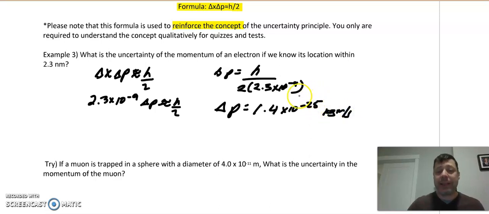Again, this is just kind of a formula, because we know the position to about 2.3 nanometers, which means that we can know the momentum within 1.4 times 10 to the negative 25. The more exact this gets, the smaller this gets, the larger this number is going to get. The larger this number is going to get, the smaller this one's going to get, and vice versa. But you can't decrease both of these because their product is equal to some sort of constant.